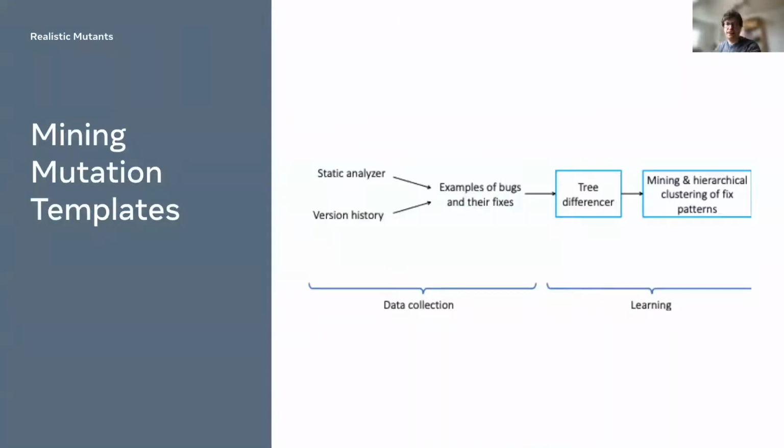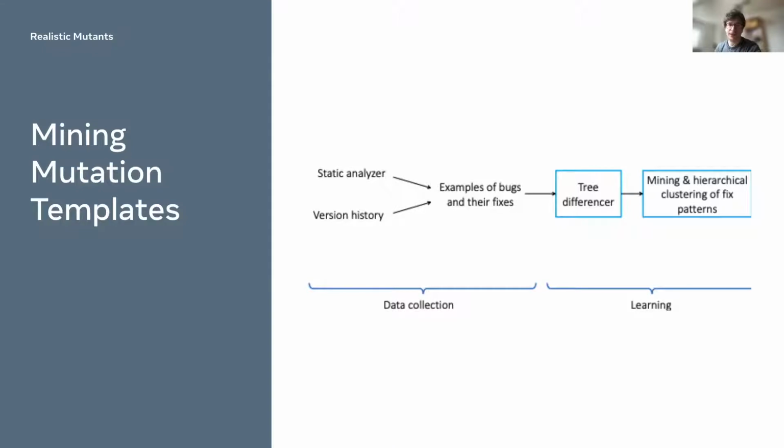Just like Mutation Monkey, GetAFix has a data collection, learning, and application phase. Let's start with data collection, which contains versions of source code with a static analysis warning, and a version in which that warning is no longer present through a source code change.